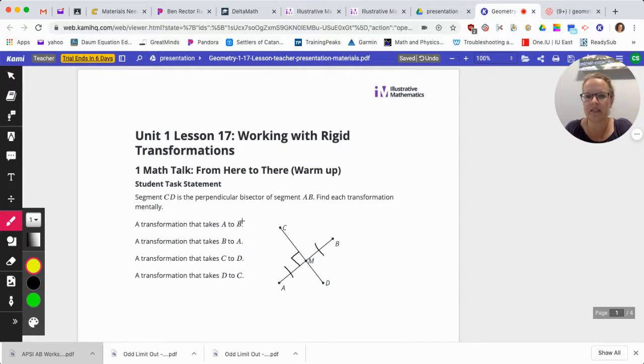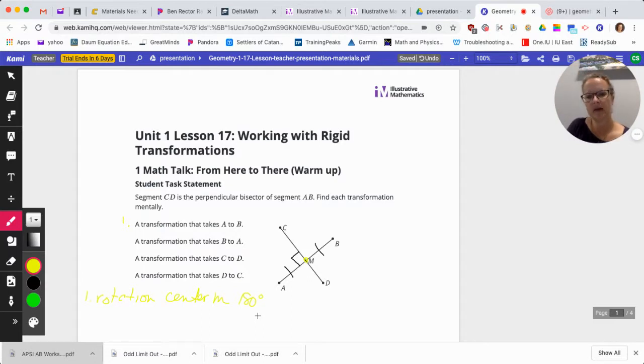So a transformation that takes A to B. It looks like I would do a rotation around center M, 180 degrees. Okay, I should get to the answer to make sure that I'm telling you exactly what I should be.